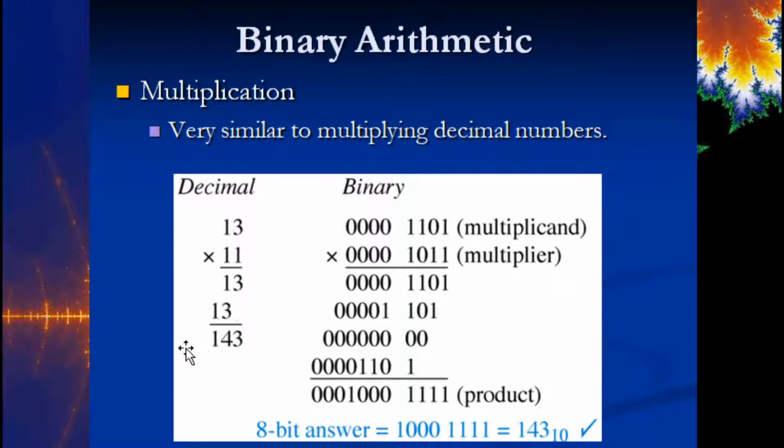If you did that with decimal, you come up with 143. All right? And so this is pretty boring, because it's all either ones or zeros, right? And so if you take the bottom times the top, we start with this 1, right? So 1 times 1 is 1. 1 times 0 is 0. Basically, you're going to rewrite this whole thing on every line that's got a 1, right? So I rewrite the whole top because it's times 1.